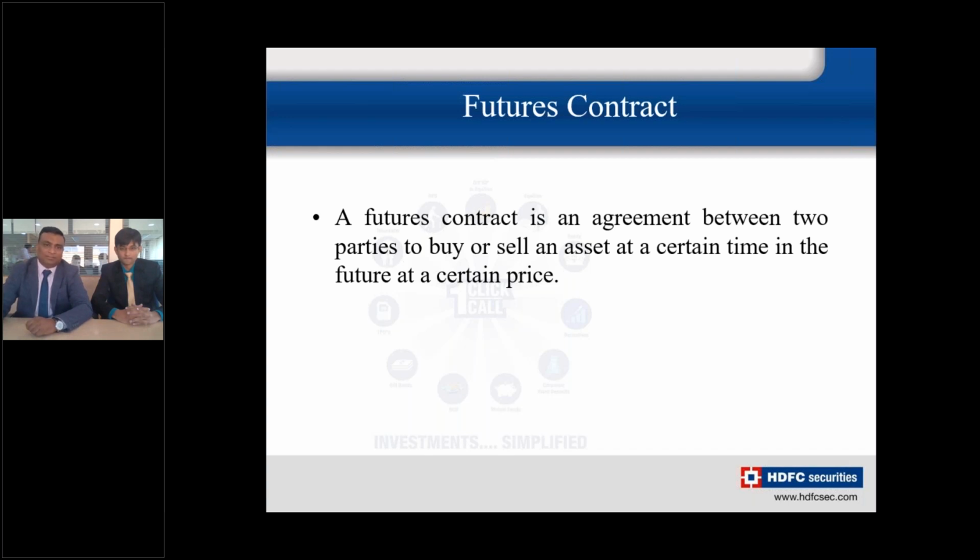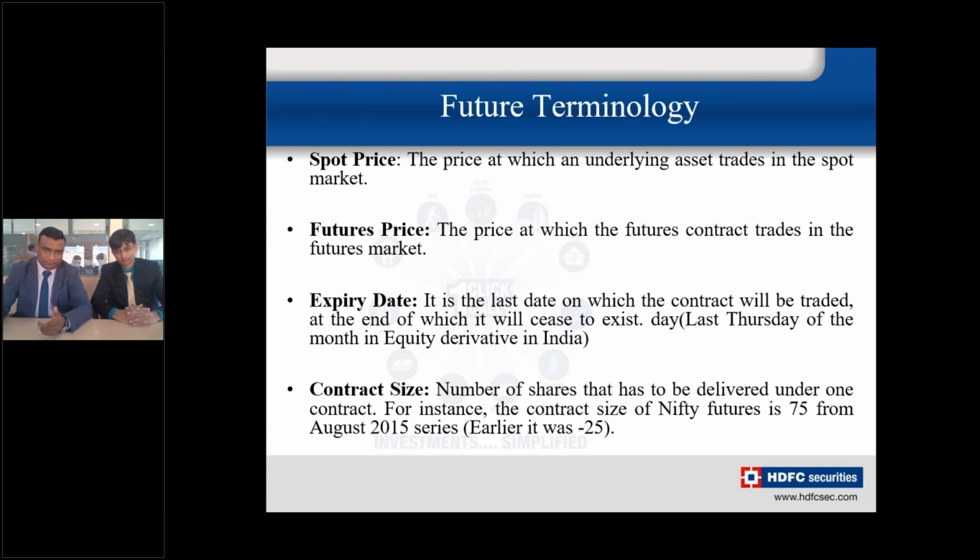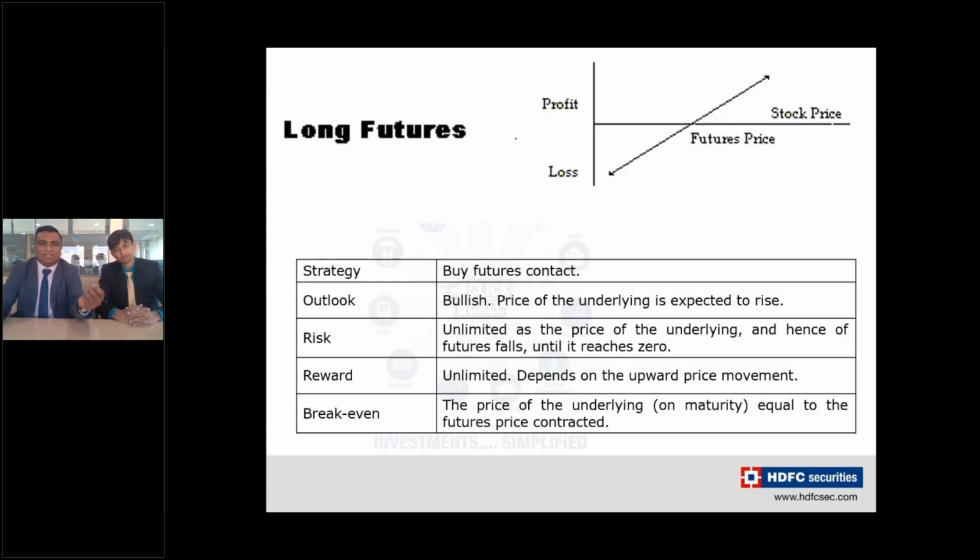For example, say I am bullish on a share, so I would like to go long on it. I think the stock price can go up. So how do I benefit out of the derivatives markets? Using derivatives, I can go long on futures.